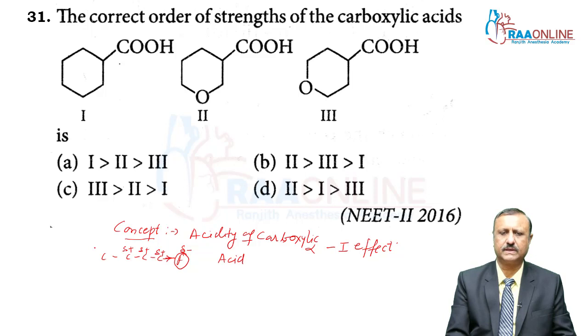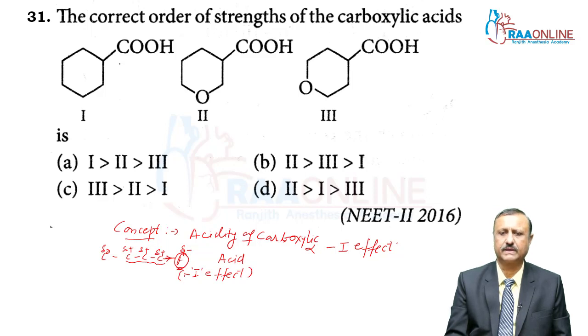So here you can see, after the third carbon atom, the effect of this positive charge is neutralized. The negative charge is present on this functional group because it attracts the electrons. So this is called the minus I effect.